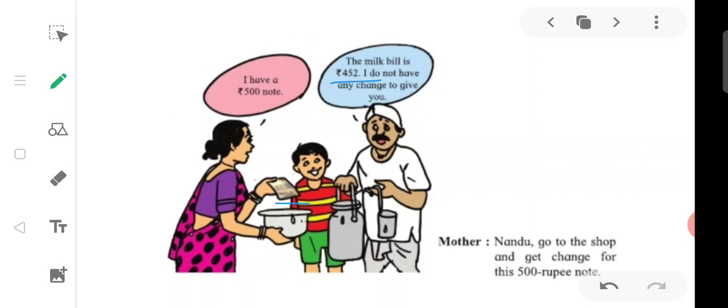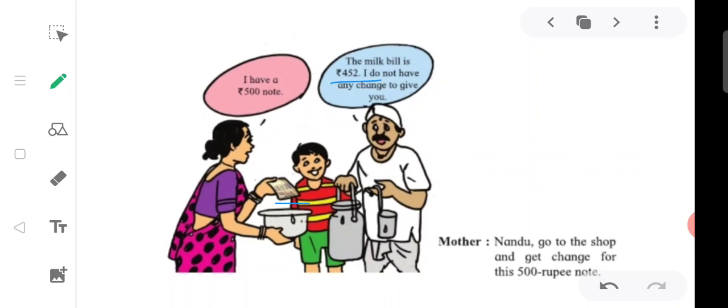So she says, Nandu, go to the shop and take a change for a 500 rupee note. Nandu gets a change for the 500 rupee note.